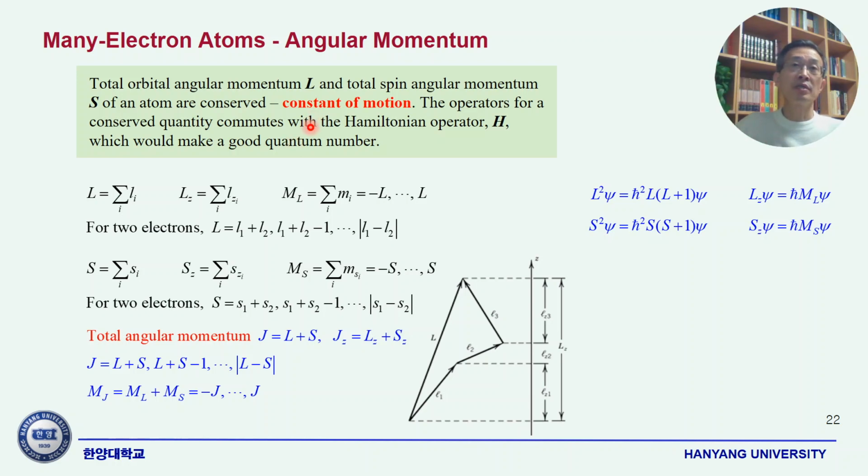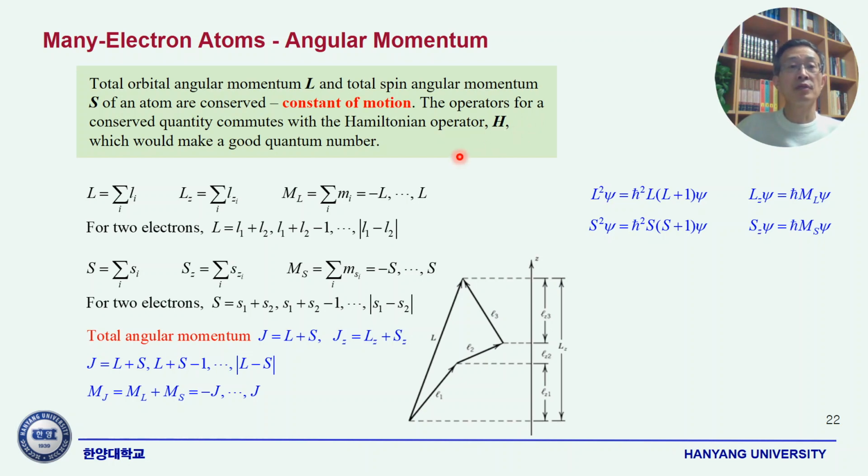So what we are going to apply here is to find good quantum numbers for a multi-electron system, which should commute with the Hamiltonian.